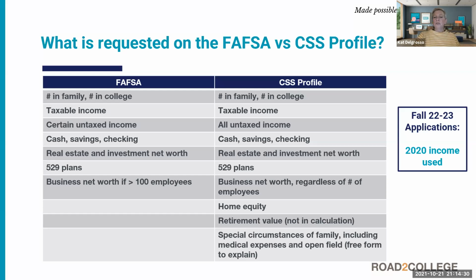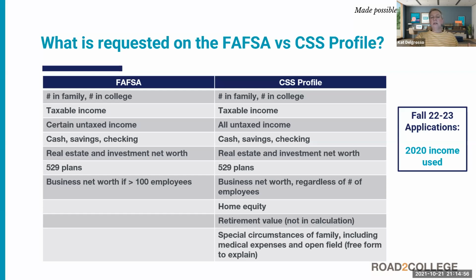So just know that if you have anything on there that looks awry, it's going to look awry to someone else too. That's a really good example. We did see very often that families would report interest income that just didn't seem to make sense with the assets they had reported.